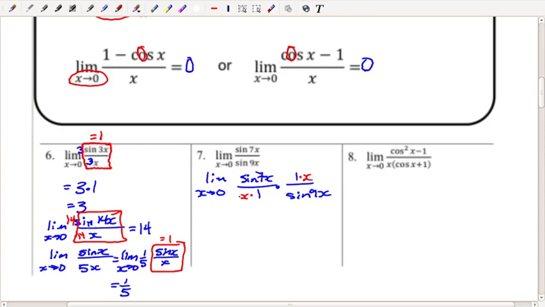And I know from my shortcut that this is going to give me 7 over 1 if you like, and this is going to give me 1 over 9, because I have a 9 on the bottom, which is going to equal 7 over 9. So pretty handy trick. Again, see how it works, think about why it works, but this is a handy trick to be able to skip right from the 7 over 9 that I saw at the beginning to the end.